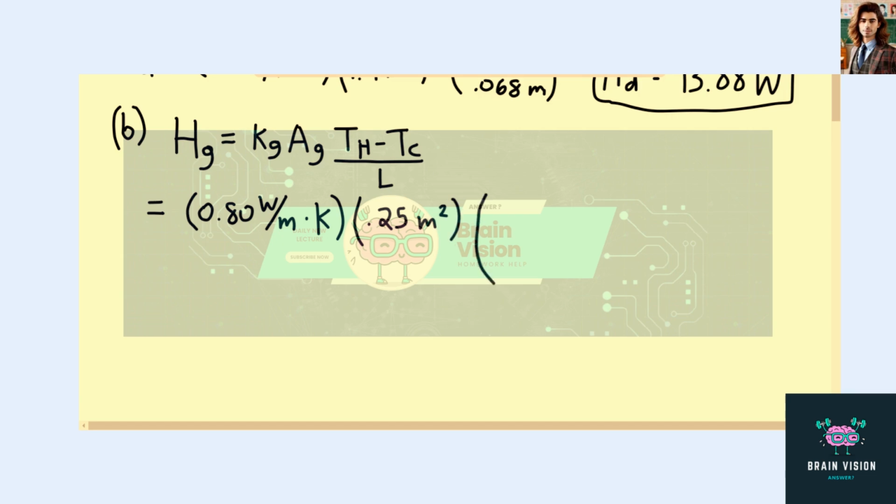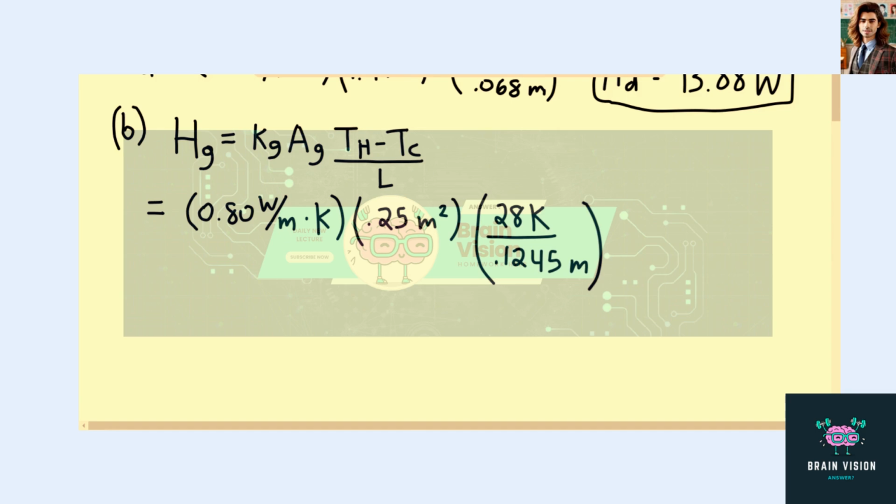Again, same temperature difference, 28 Kelvin. And as I mentioned a little bit ago, this new length is what you have to watch out for. So it's really going to be divided by 12.45 centimeters. If you combine your 0.45 centimeter width of the window and that 12 centimeter air film, convert that to meters, you get 0.1245 meters.